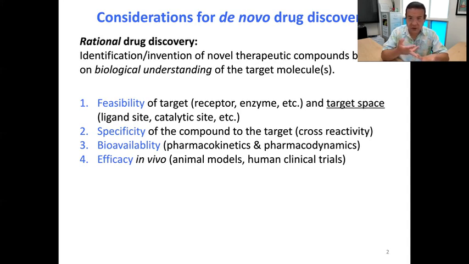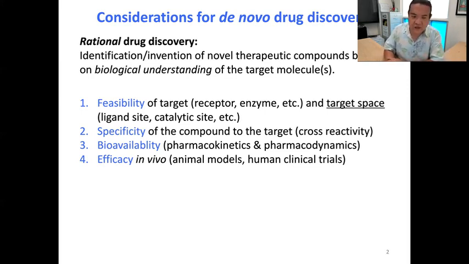Bioavailability, that has to do with pharmacokinetics, how long the drug can actually last in the body before the body gets rid of it as part of normally detoxifying our tissues, and overall efficacy in vivo, right? In an animal model and ultimately in a human body, how does this work compared to the excitement that you saw maybe in a plastic dish when you tested it out in the lab?